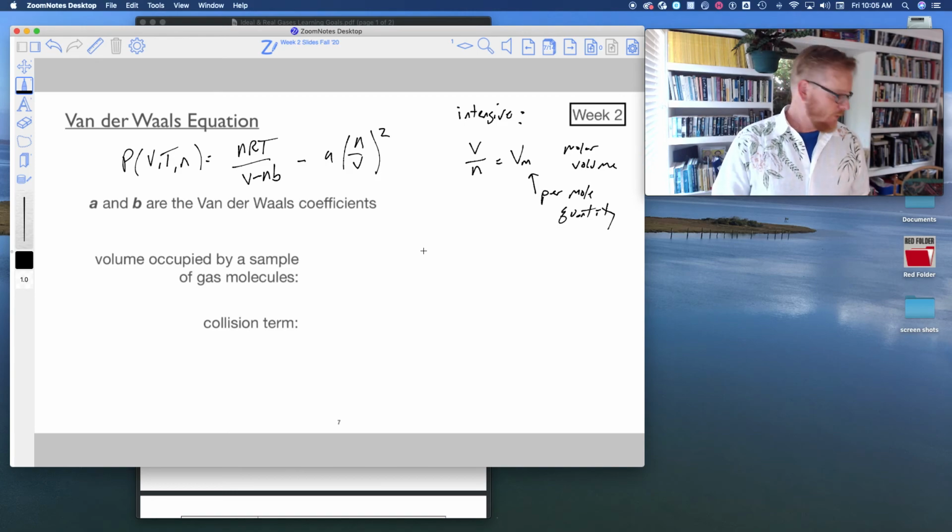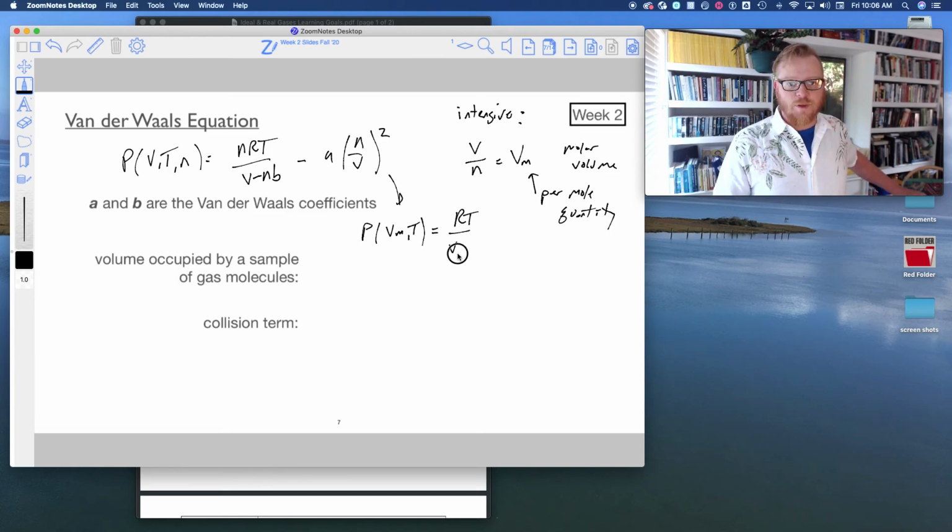Okay? So I'll rewrite this now down here, and I can say P as a function of molar volume and just temperature. And that's going to go as RT over Vm minus b, minus a over Vm squared.